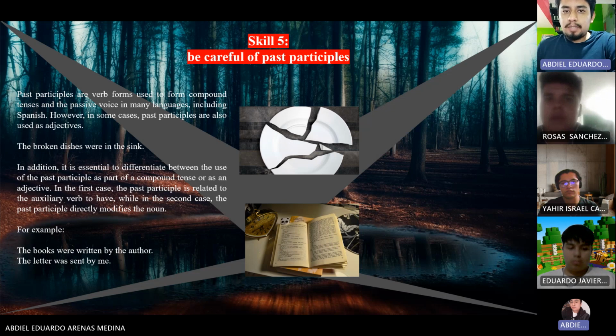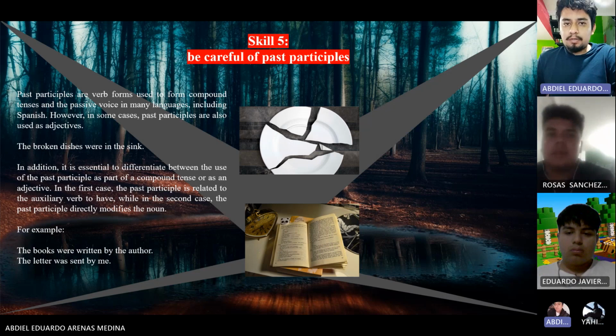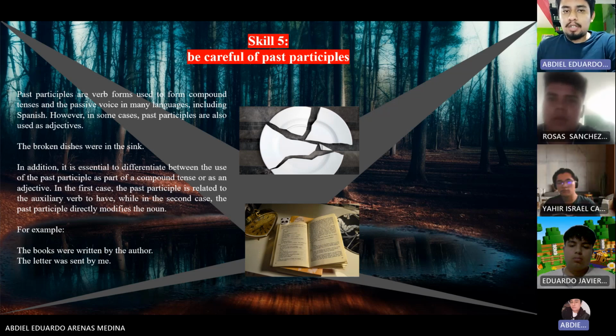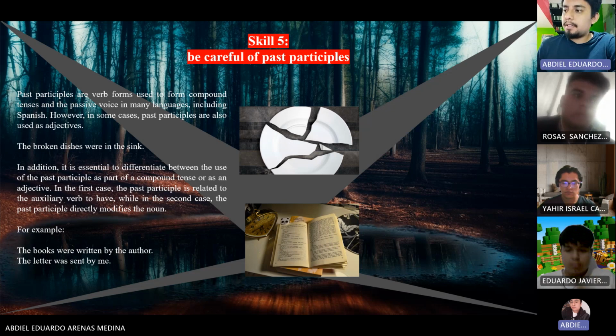In the first case, the past participle is related to the auxiliary verb to have. In the second case, the past participle directly modifies the noun. For example, the books were written by the author, with agreement in number and gender in books. Or in another example, the letter sent to me, with agreement in number and gender in letter sent. In the next slide.